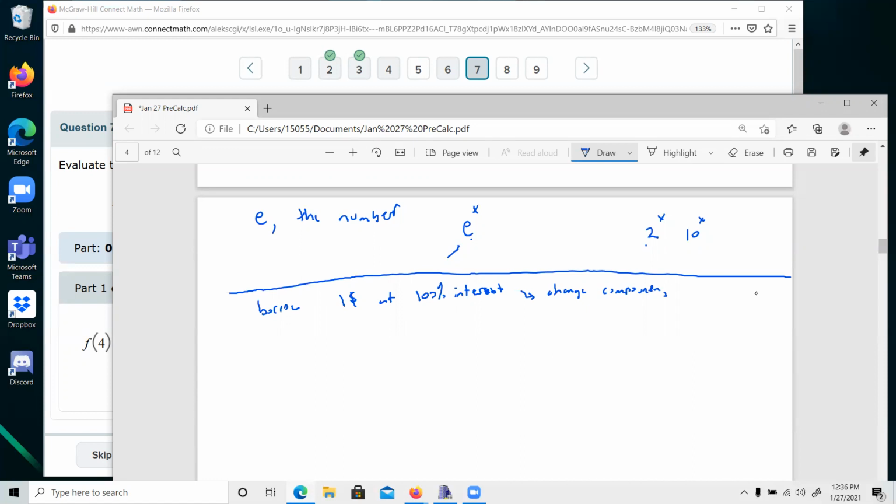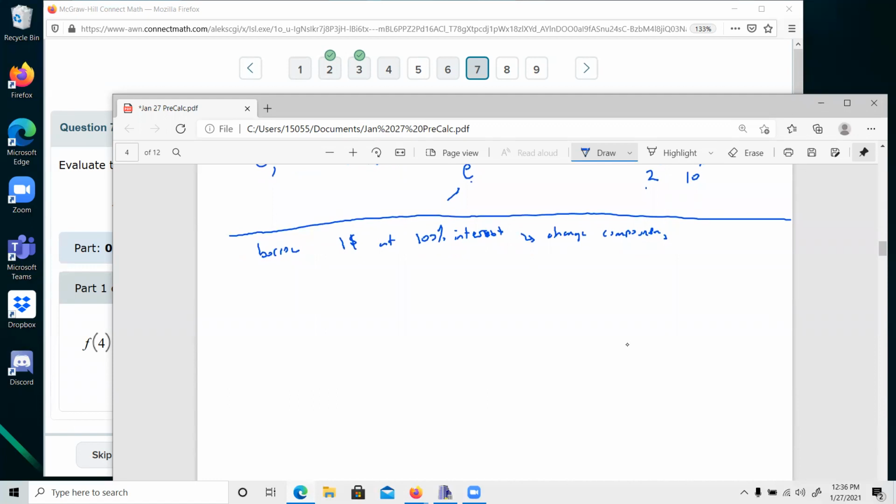So we're going to do it compounded once per year, compounded 4 times a year, compounded 52 times a year, etc. And if you remember your compound interest formula, and I'm sure you do, this was equal to P(1 + r/n) raised to the nt. n is the number of compounding periods. r was the interest, APR, as a decimal.